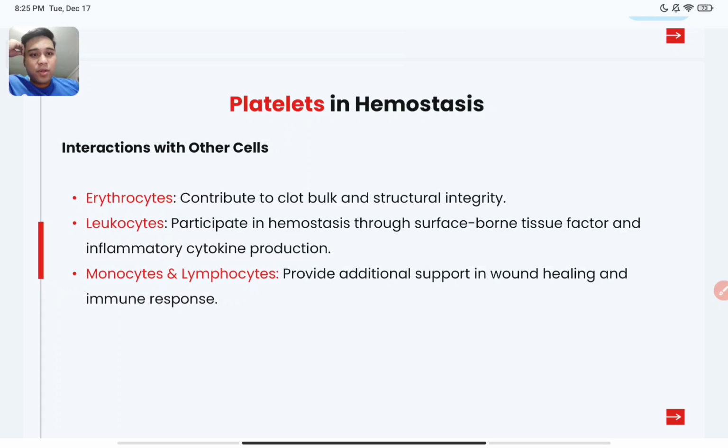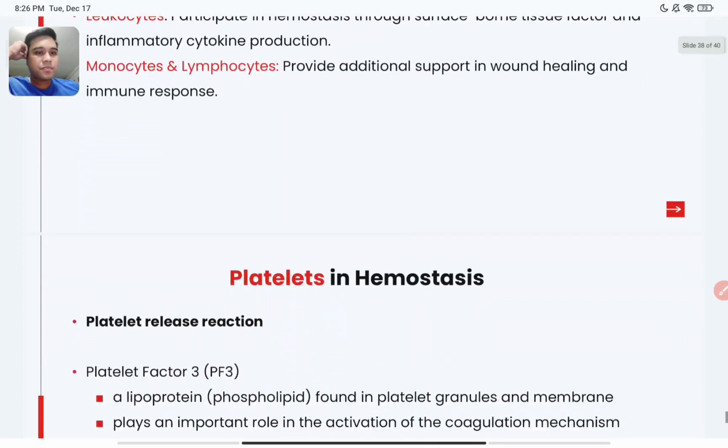So you also have your leukocytes, which participate in hemostasis through surface-borne tissue factor and inflammatory cytokine production because your WBCs release inflammatory mediators like your interleukins, right? And your interleukins will further promote inflammation, and promotion of inflammation will attract more platelets to the site of the wound. You also have your monocytes and lymphocytes, which provide additional support in wound healing and immune response.